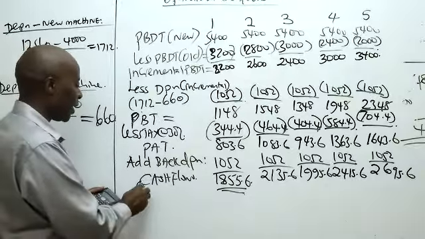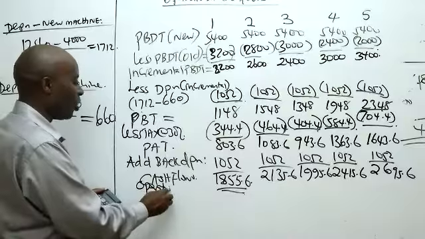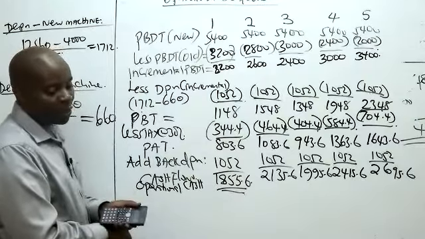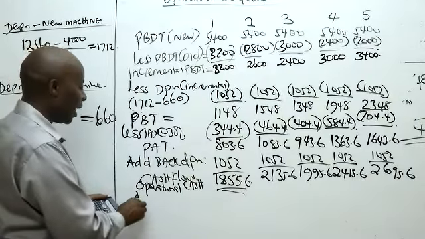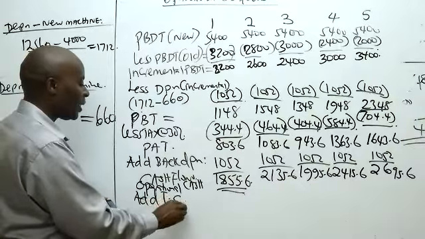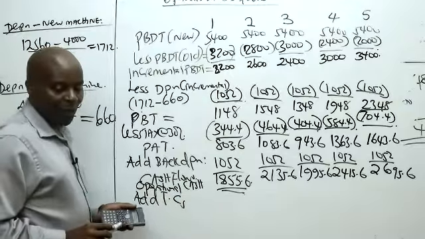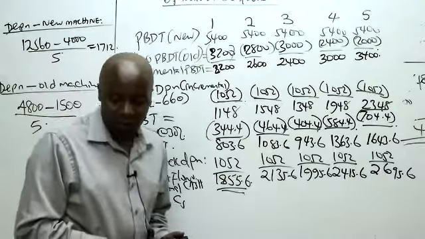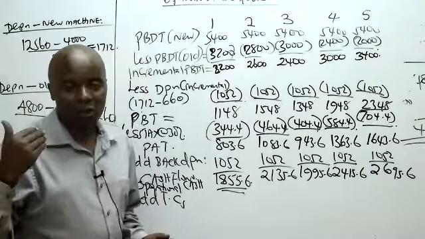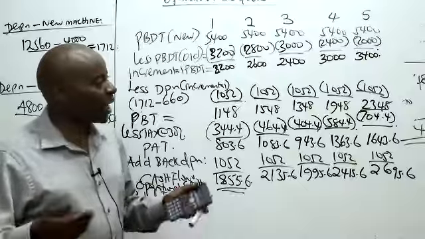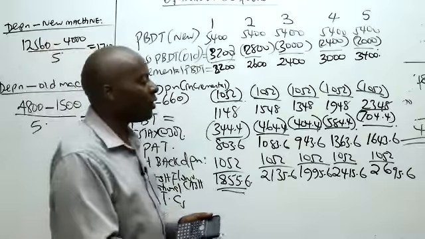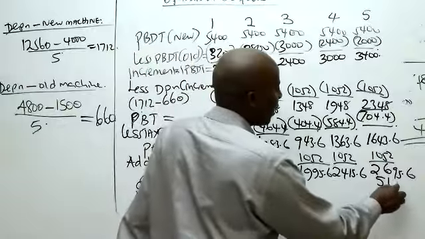So you write there, operational cash flow. Once you have your operational cash flow, come and add the terminal cash flows. The terminal cash flows, if my memory serves me well, you guys got 5,100, which was to come to us at the end of year 5. So at the end of year 5 here, come and add 5,100.